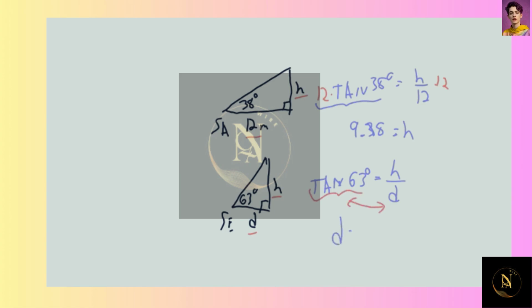So d is equal to h over tangent 63 degrees. And again, I'm going to type this into my calculator and store it in d. And again, I'll just write the approximate right now. So that's about 4.78. Okay, that means Seth is 4.78 meters from the tower.